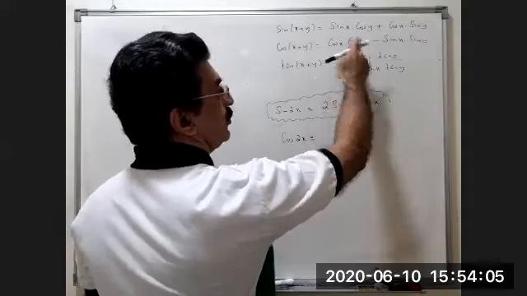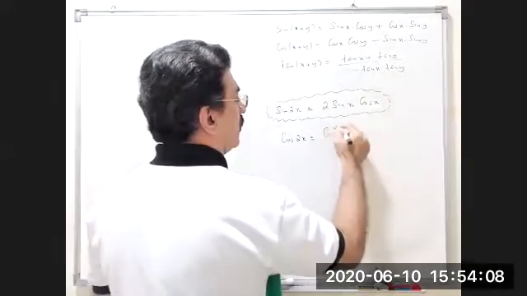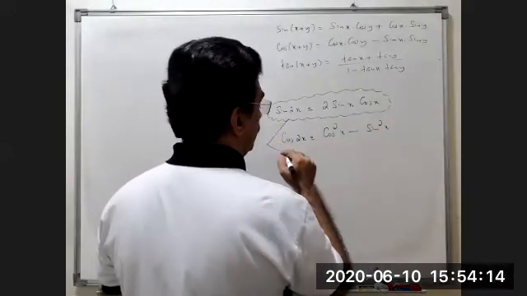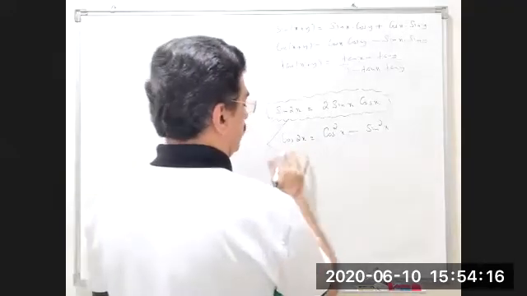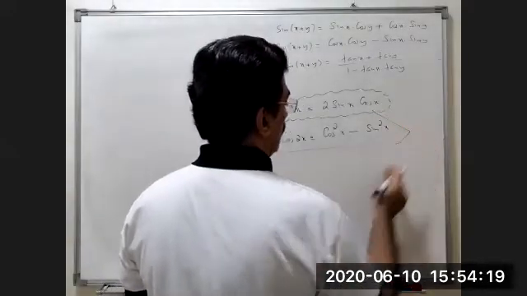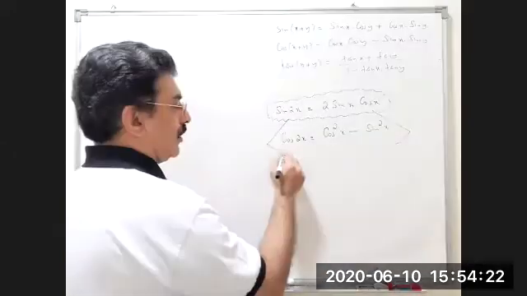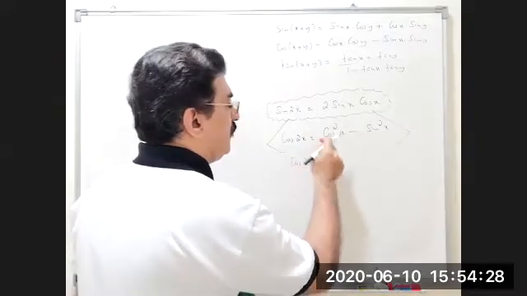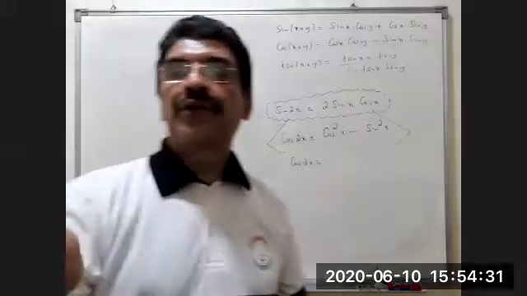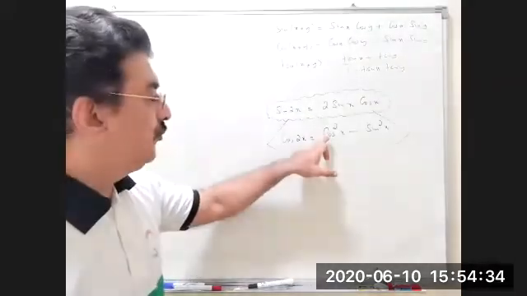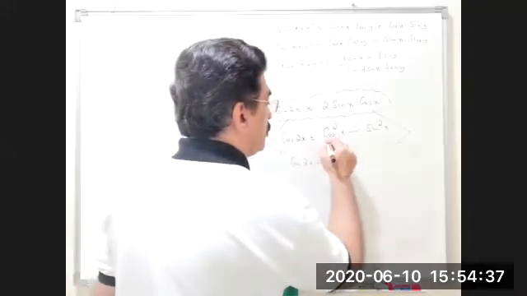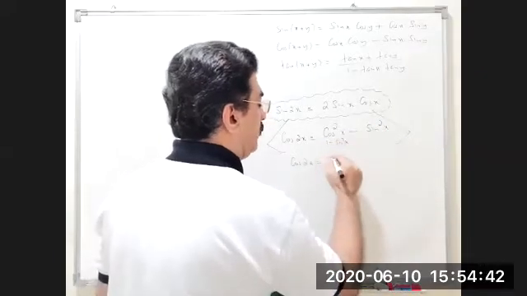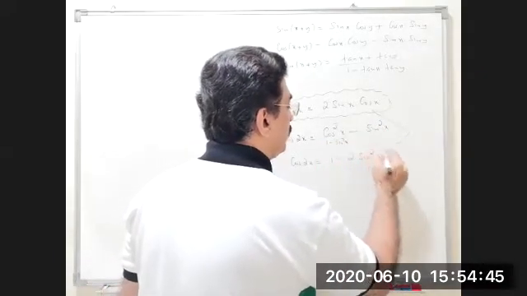Cos x cos x is cos square x, minus sin x sin x is sin square x. Cos square x minus sin square x. If we write cos square x as 1 minus sin square x, then 1 minus sin square x minus sin square x is 1 minus 2 sin square x.